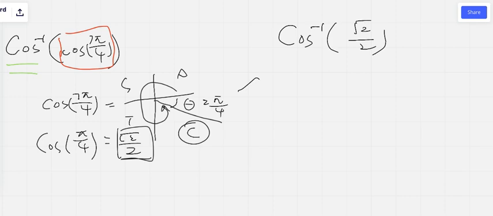With the unit circle and the easier way to remember, you can tell me that it is 45 degrees, because you're looking for a positive value. If it were a negative value, you'd be looking at negative 45 degrees.